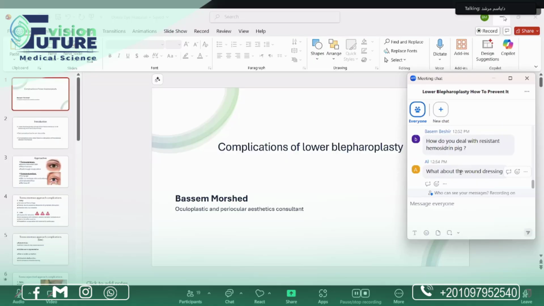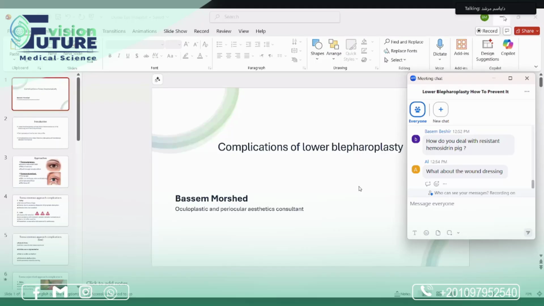Hemosiderin pigmentation is one of the very annoying complications. It's very rare, honestly. However, it needs time. Recently, I've been trying to see the effect of injecting some kind of skin boosters, and I found some promising results.